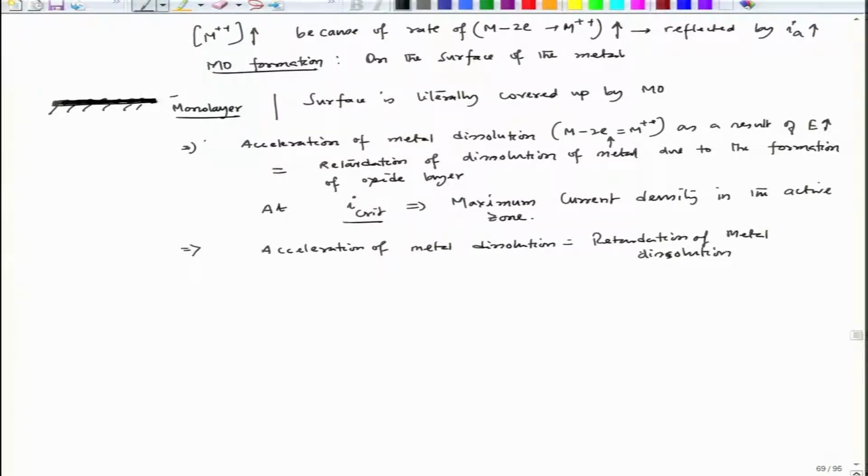But in both cases, this is happening because of formation of the oxide layer, and this is happening because of the anodic polarization.